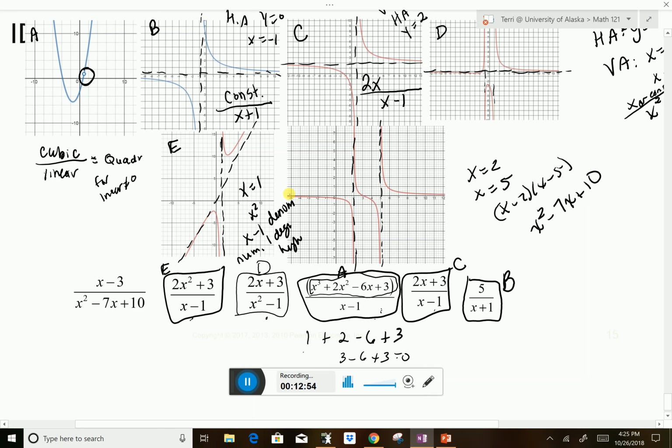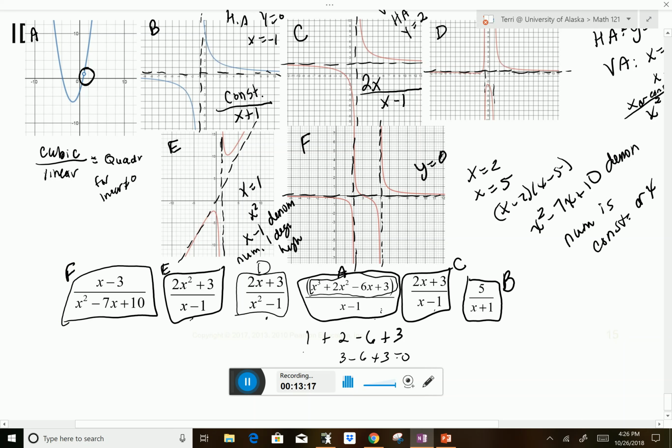And we have a horizontal asymptote at y equals 0. So this is our denominator, and our numerator is either a constant or an x. And here it is. So that's graph F.